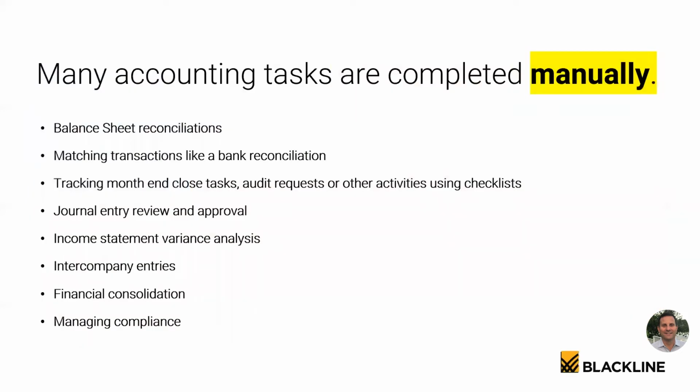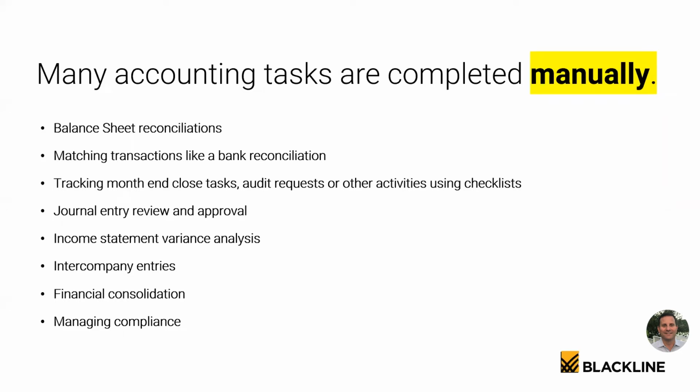So let's talk a bit about why accounting automation software is needed. For many accounting teams, most tasks are done manually in Excel today. These are things like reconciling bank statements, balance sheet reconciliations, or creating accrual and amortization schedules. And Excel is a great tool that helps to complete these tasks.